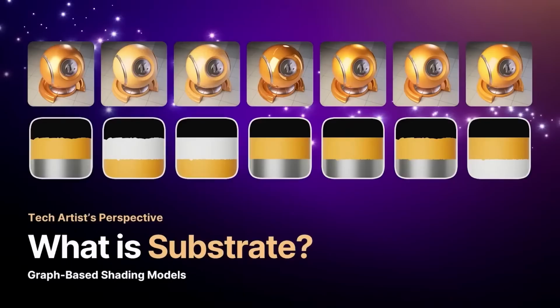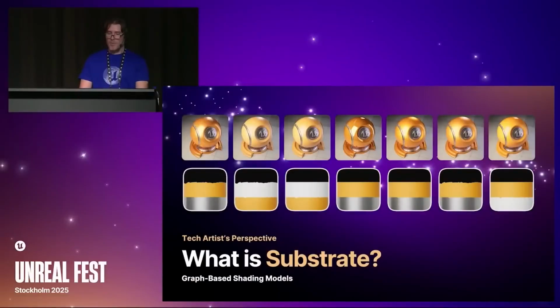That means far fewer restrictions on how materials are layered, and a lot more freedom to express what a surface is, rather than fitting it into a predefined model. We'll walk through a specific example of this kind of complex layering behavior in a later slide. But for now, just keep in mind that Substrate doesn't ask you to choose a shading model. It allows you to build one, tailored to your material's actual properties.